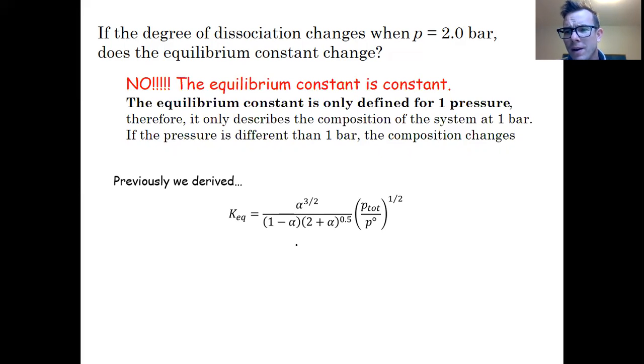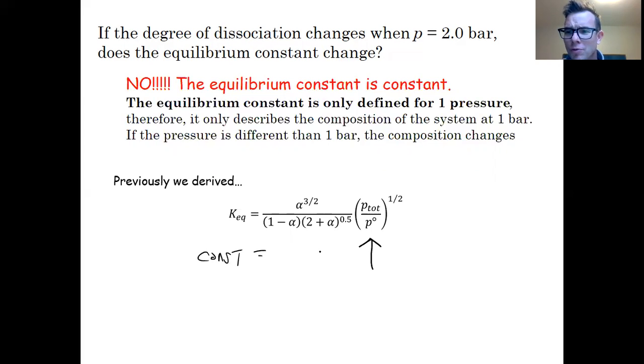Away we go. Look what happens. If P total goes up, this expression will increase. I'm trying to argue that K, the equilibrium constant, is constant. So this is a constant.